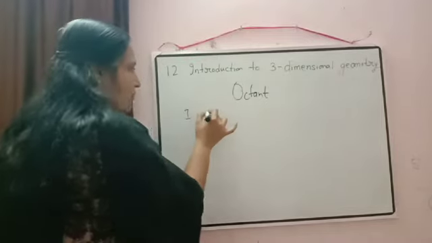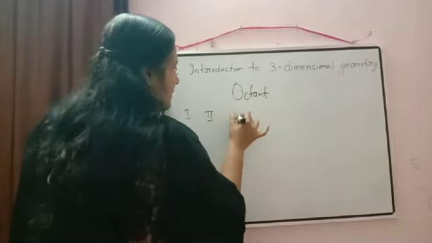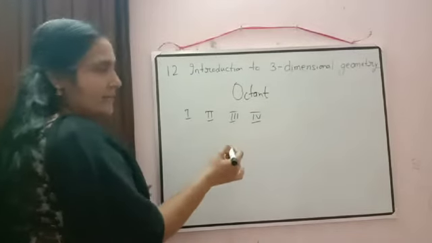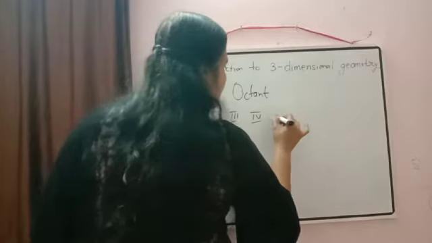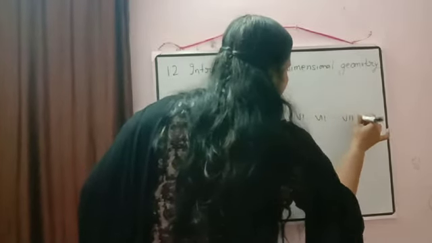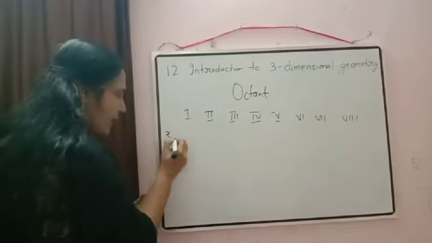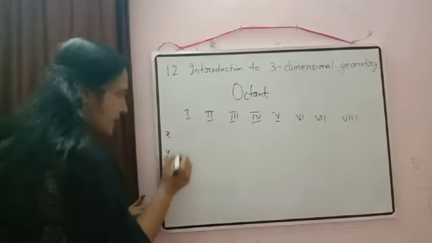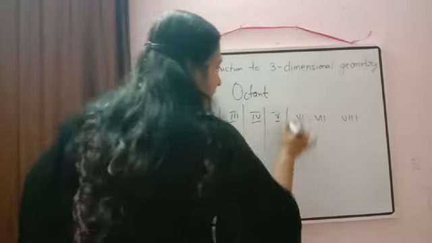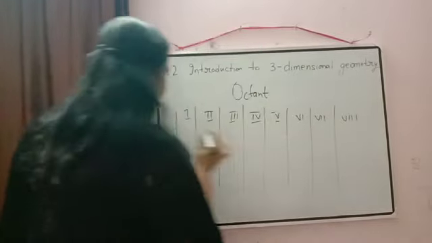Now, how can we check what the sign will be in each octant? First, second, third, fourth, fifth, sixth, seventh and eighth. Here we will have x, y and z coordinates. Now I will give you an easy method to remember how we check which octant the point is in.